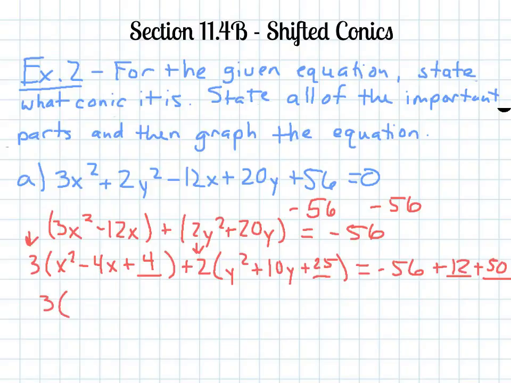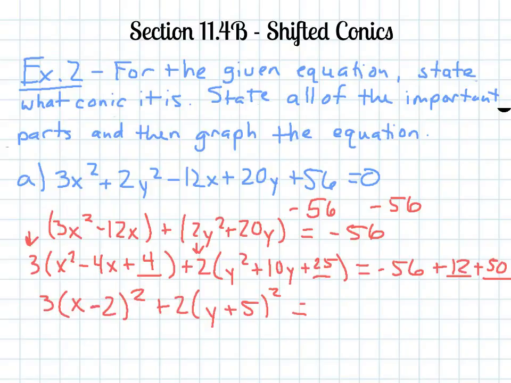Okay, so then now I want to simplify, so I want to complete my squares, so I make them into binomials. So now it'd be x minus 2 squared plus 2 times y plus 5 squared. Remember, those numbers are coming from what I got before I squared, when I halved them.